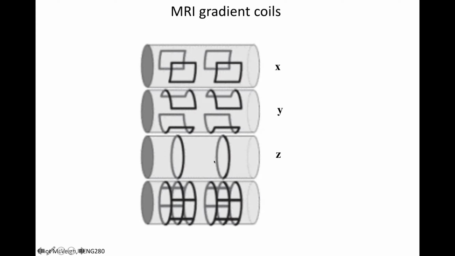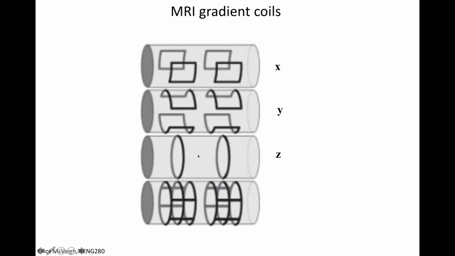In this coil, instead of pulsing in this direction to produce an increase in the field, we'll pulse the current in the opposite direction, this way. And that gives me a delta magnetic field, or a change in the magnetic field, that goes in the negative Z direction. So while those two coils are pulsing, one in this direction, one in the other, I will get a linear gradient of magnetic field across the sample in the Z direction.